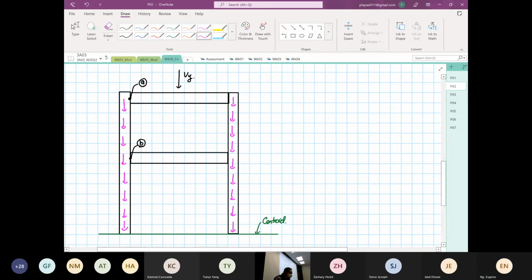Okay? So I'll draw the shear flow on the top.